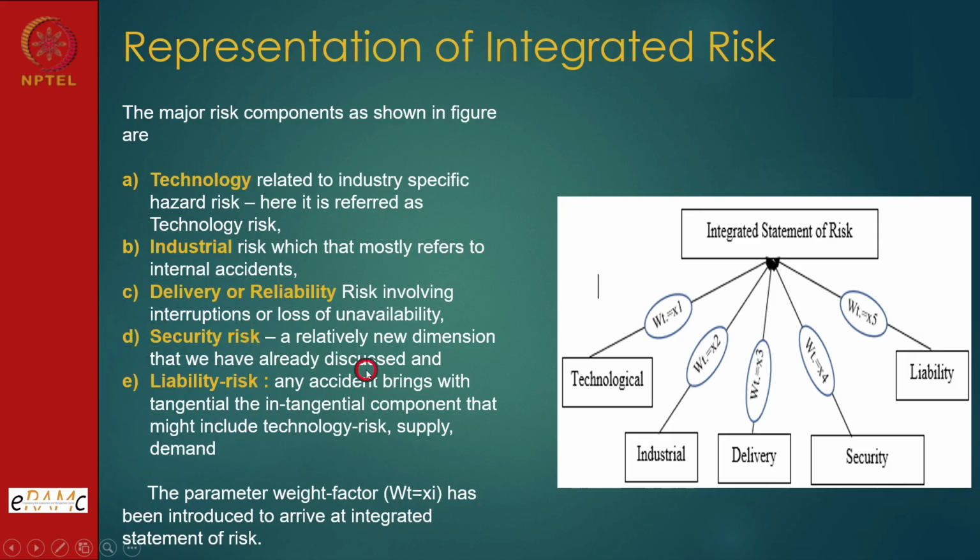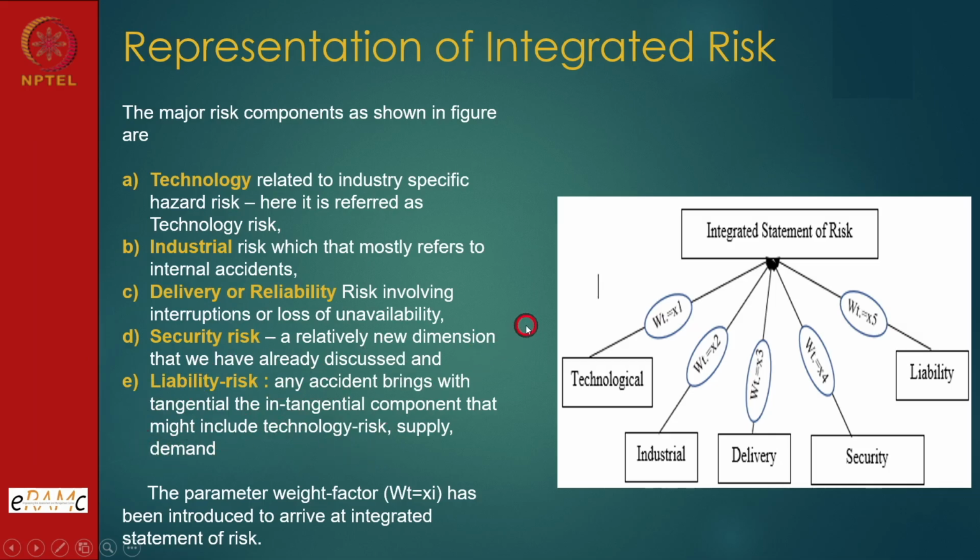Security risk is a relatively new dimension, but it is widely being adopted across, because the socio-economic condition is such that it requires proper attention. And liability risk, any accident brings a tangential or intangential component that might include technological risk, supply chain and all that.